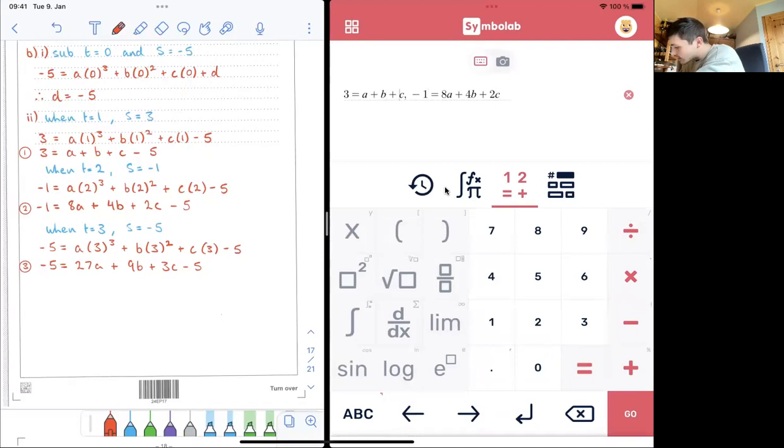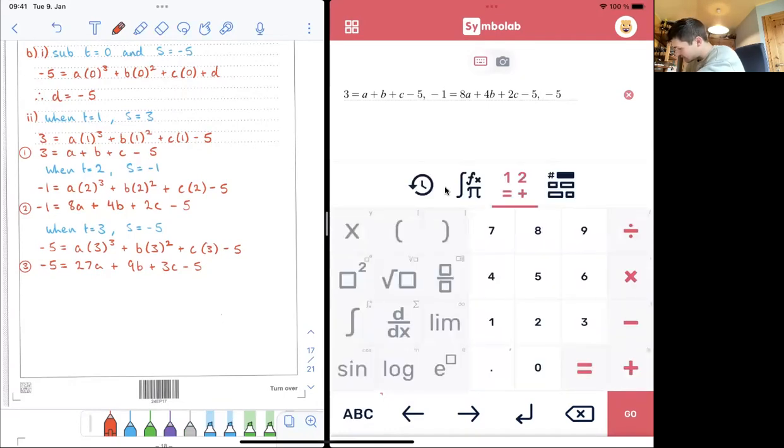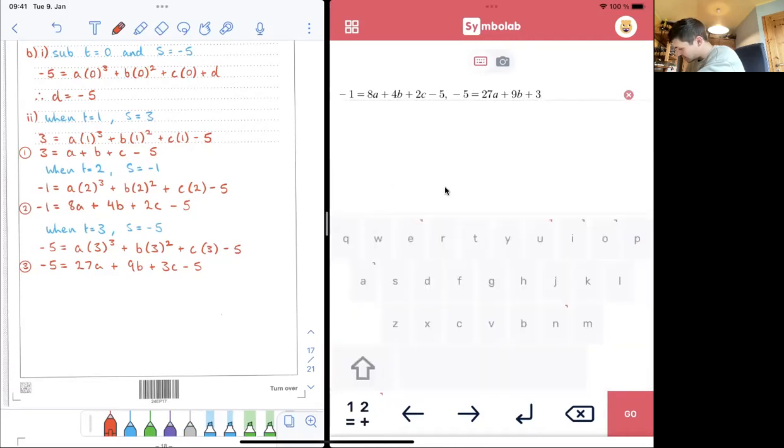I've got to put in the -5 for both of these. And then again, -5 is equal to 27A plus 9B plus 3C -5.